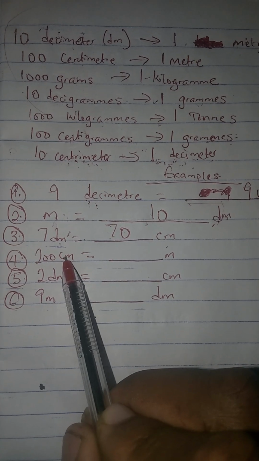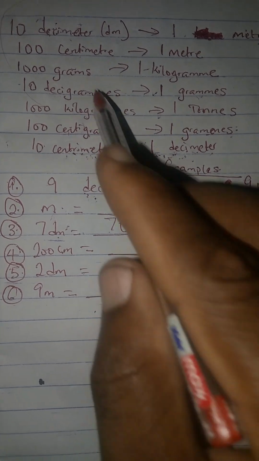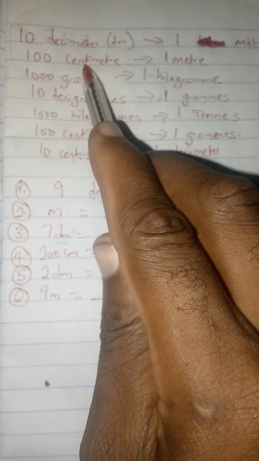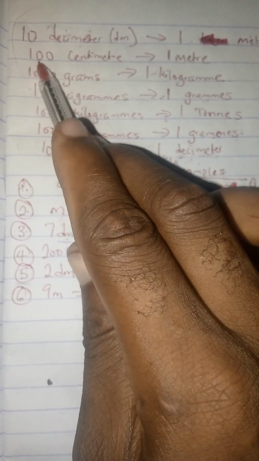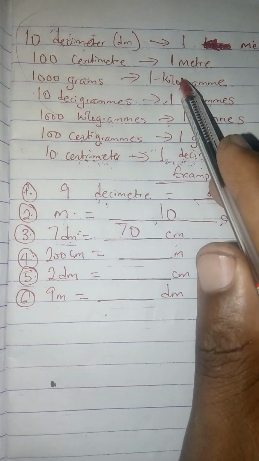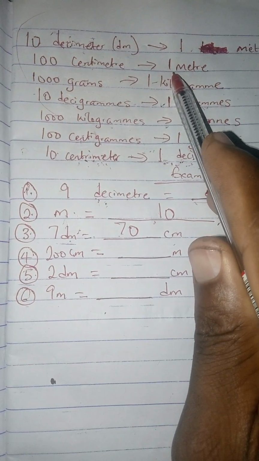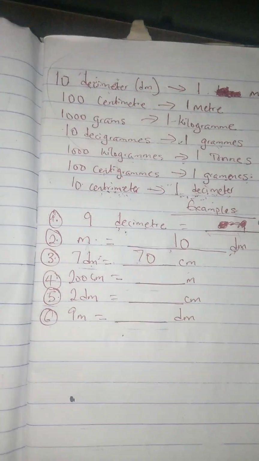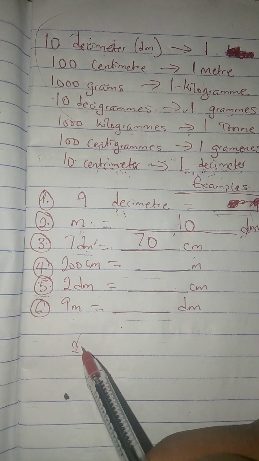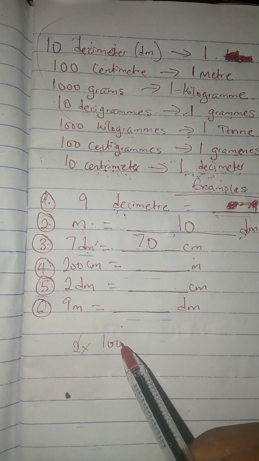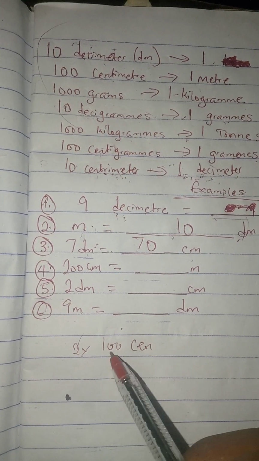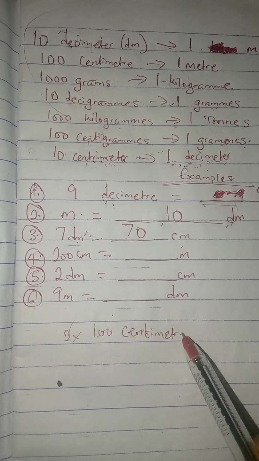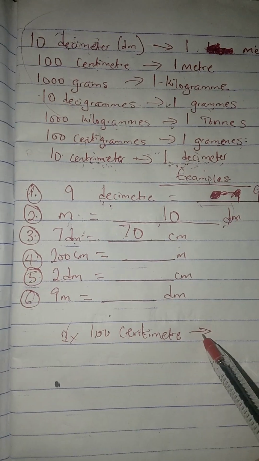Cent is actually telling you this 100, right? 100 centimeter gives you what? 1 meter. Now, when we have 200 centimeter, that is telling you that 2 times what? The 100 cent.